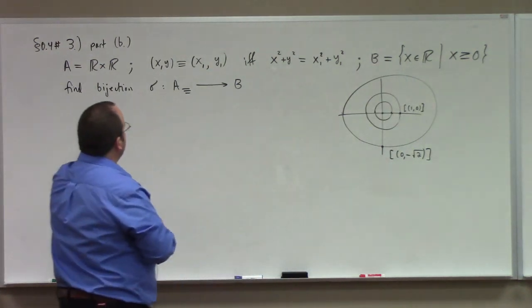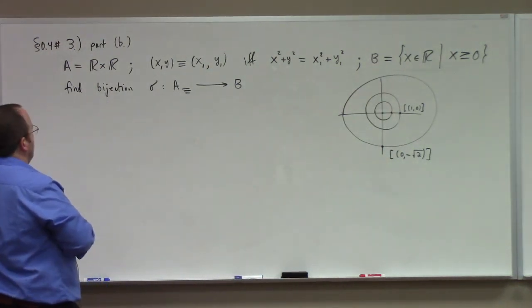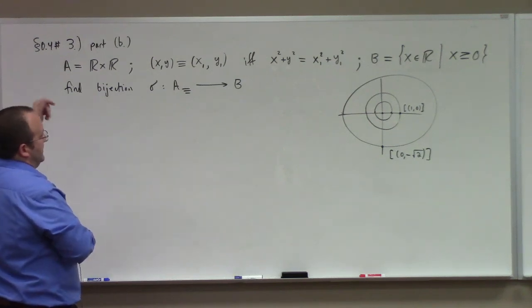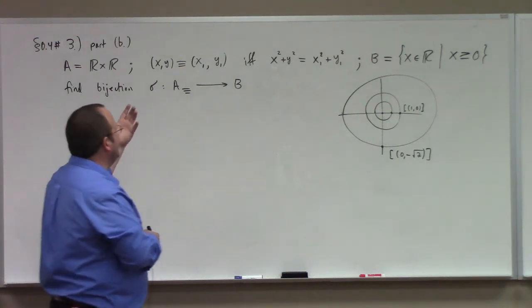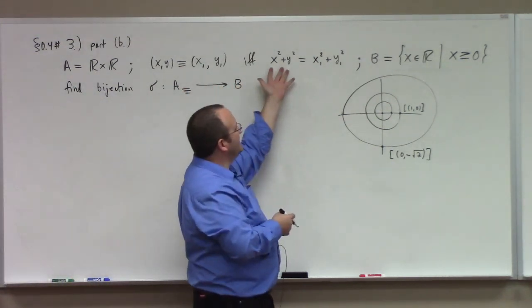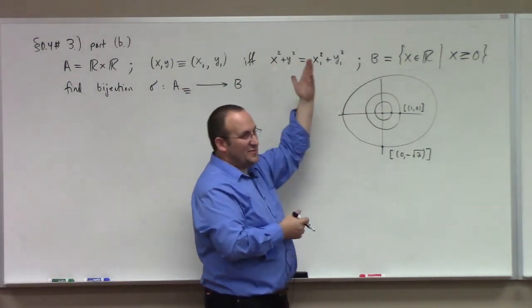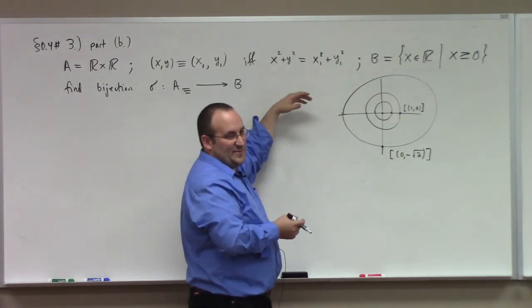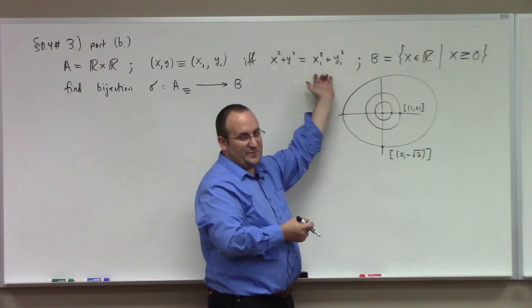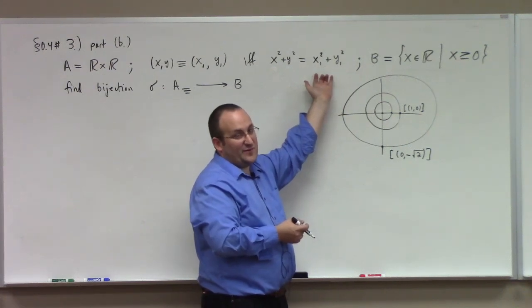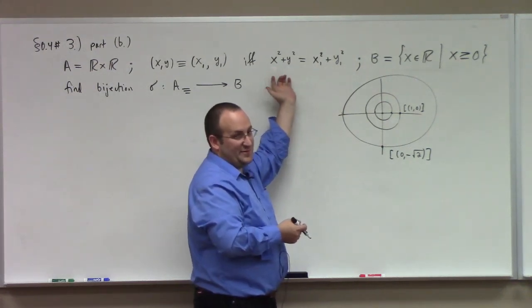Now, you could say, prove that that's an equivalence relation. Is any point equivalent to itself? Yes, because x squared plus y squared is equal to x squared plus y squared. Is it symmetric? Yes, x squared plus y squared is equal to x1 squared plus y1 squared, and also x1 squared plus y1 squared is equal to x squared plus y squared.